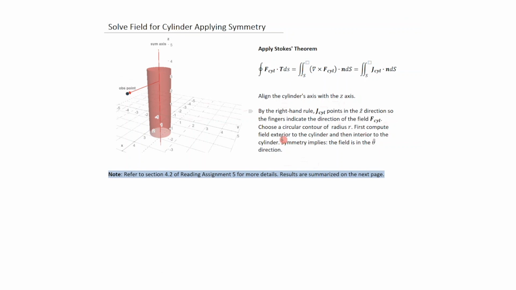First compute the field exterior to the cylinder and then interior to the cylinder. Because symmetry applies, the field is in the theta-hat direction. That's determined by the right-hand rule. The fingers will be pointing in a counterclockwise direction when looking down on the xy plane. If you want more details, you can refer to section 4.2 of reading assignment 5, and the results are summarized on the next page.